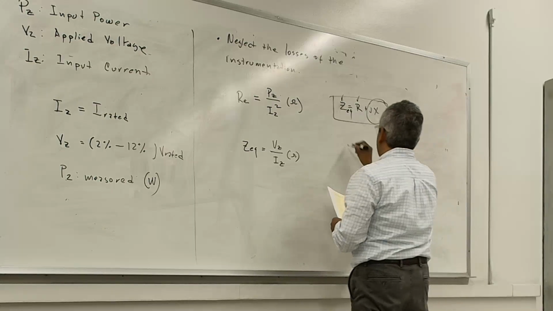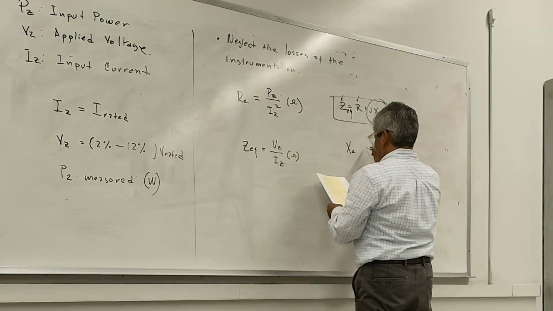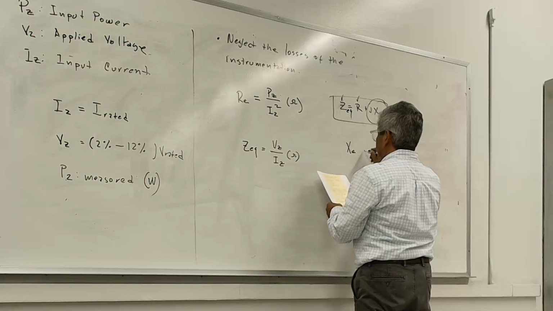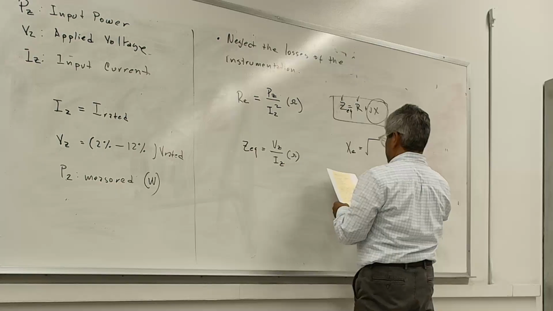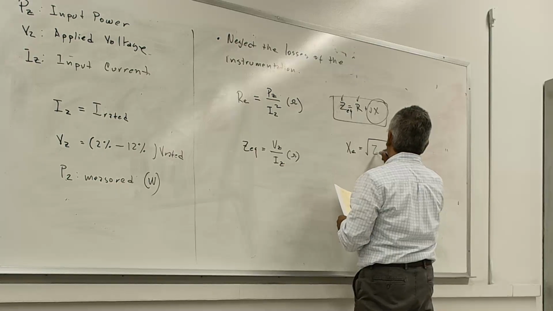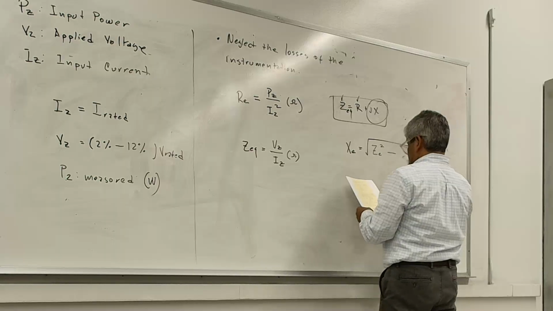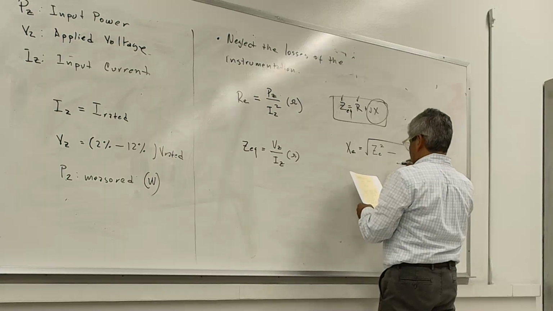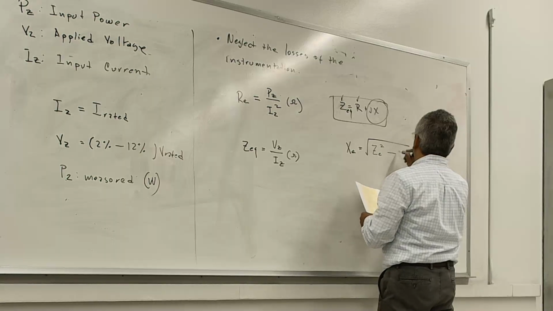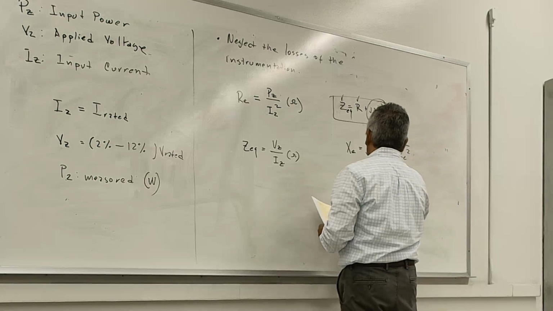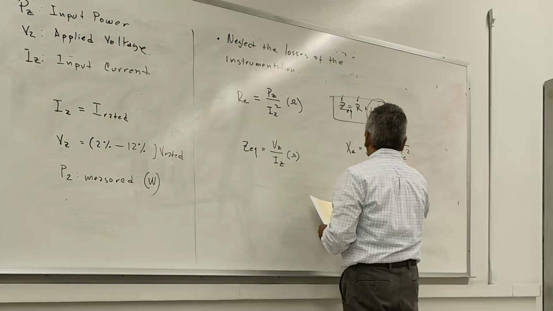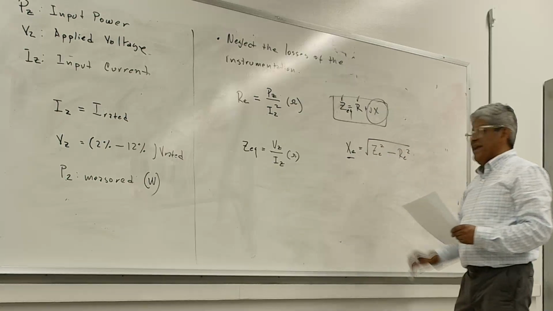So what we say is that XE is equal to the square root of ZE squared, magnitude of course, it's going to become a magnitude regardless, minus RE squared. So that gives me the XE.